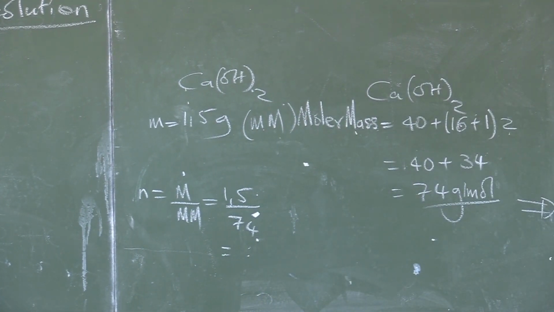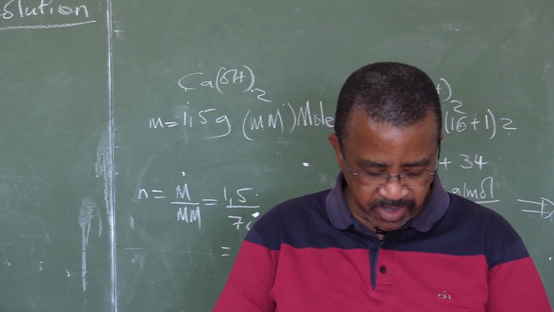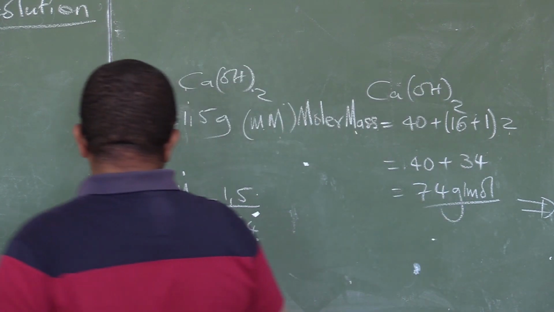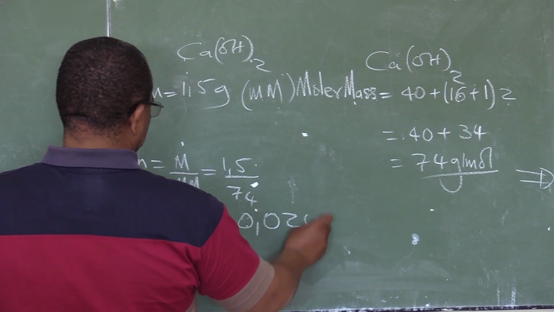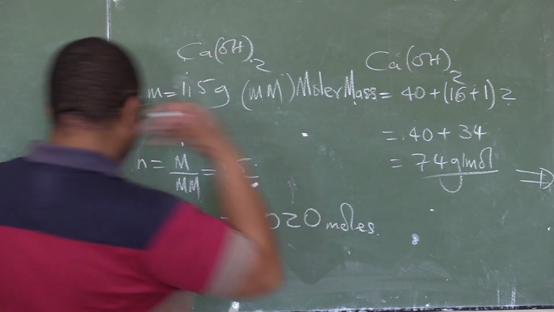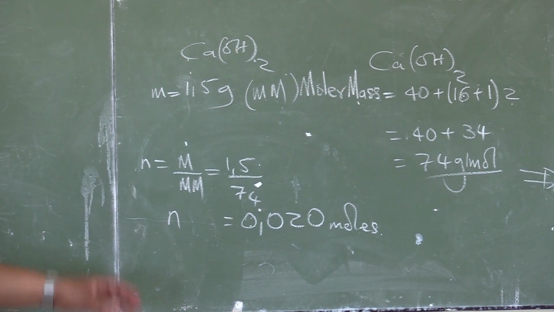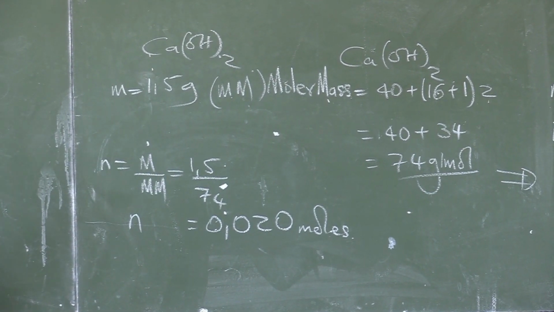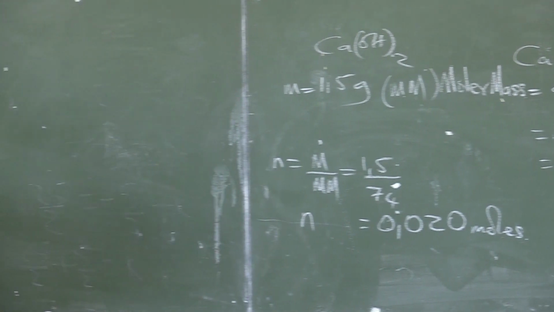We check on the calculator: 1.5 divided by 74, I get 0.020 moles. The number of moles we get there is 0.020 moles, which means that if you have a mass of calcium hydroxide of 1.5 grams, you have 0.02 moles.